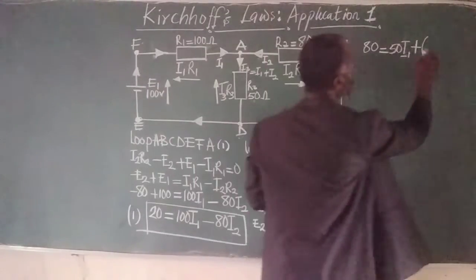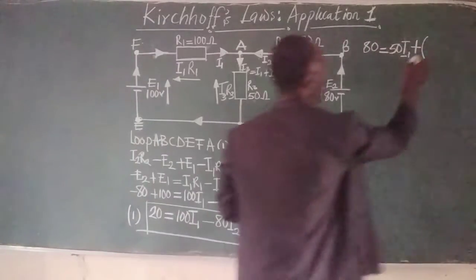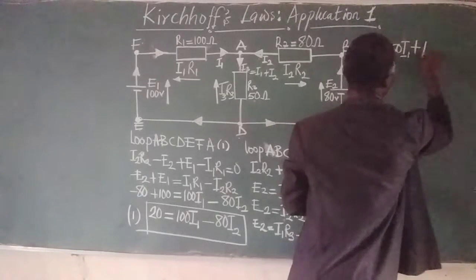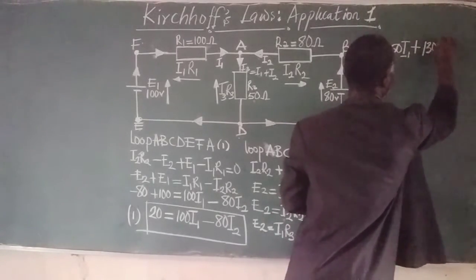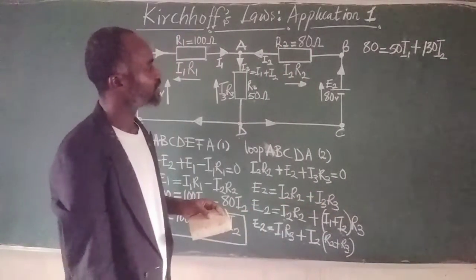So what we need to do is just to remove the bracket, because we may not need the bracket this time around since we are combining the two resistances. So it's going to be 130 I2, right? Good. So we have that.